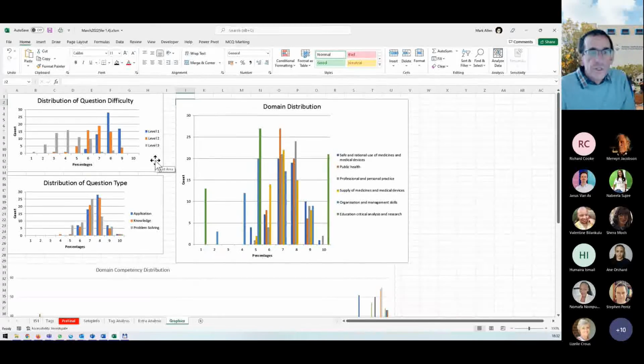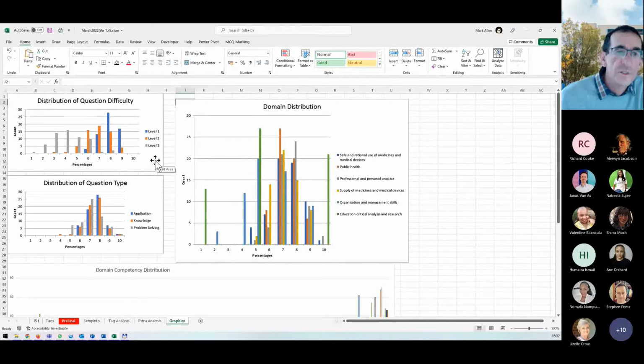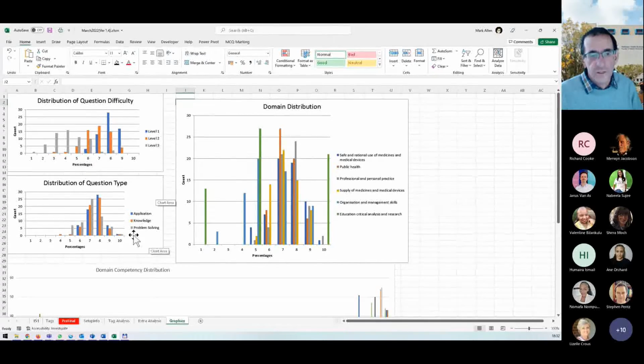The easy questions are easy to do, and everybody performs well. The questions that are assessed by the examiners as more difficult do more poorly. And then, from Sherry's talk again, on knowledge questions people do a lot better.